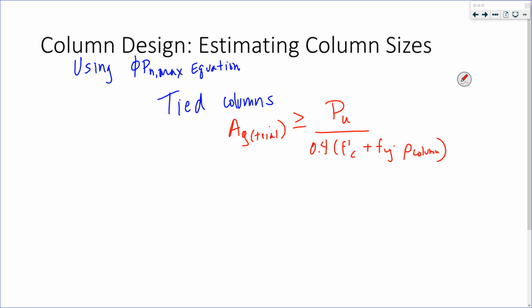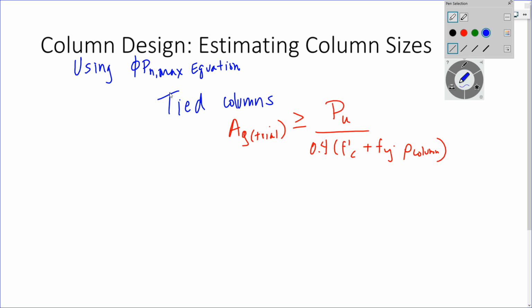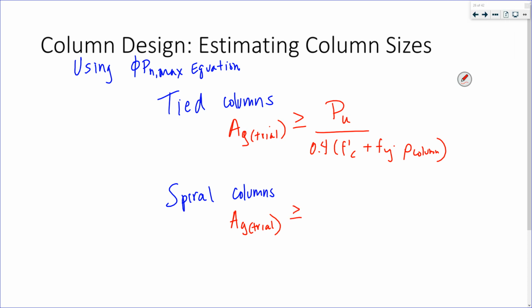Like say 3% or something like that, 0.03. And for your spiral columns, your Ag trial is going to be a little bit smaller, because it has a higher phi factor. So you can get away with less, right? f'c plus Fy rho of your column.